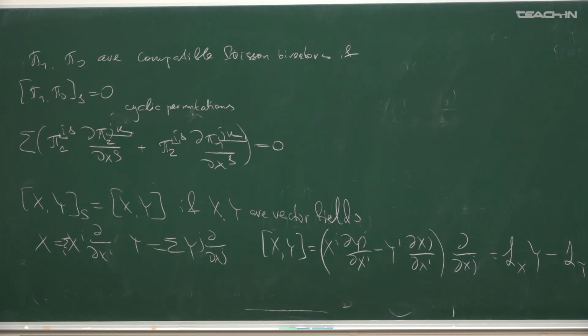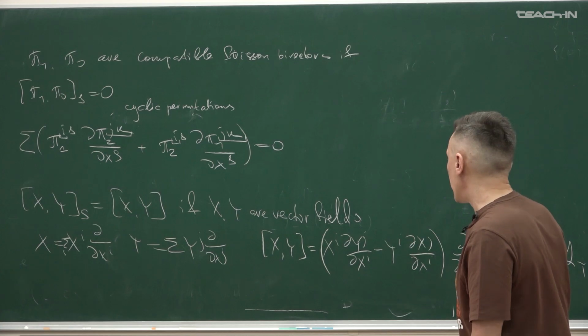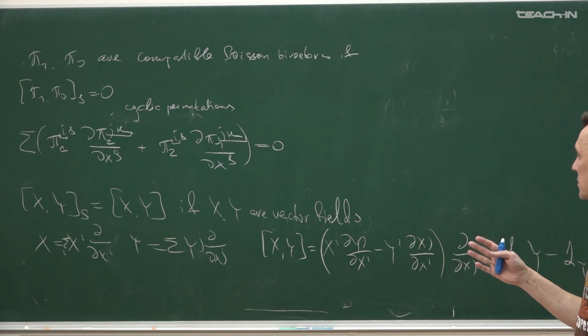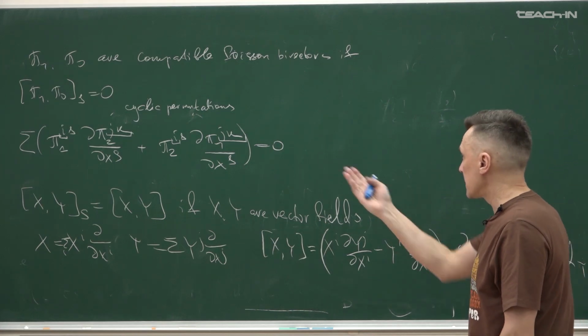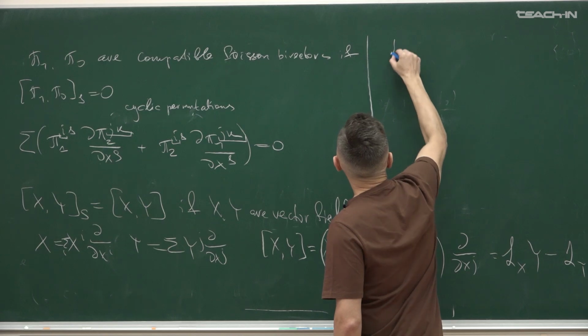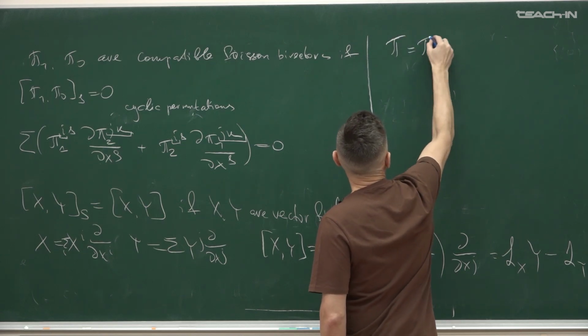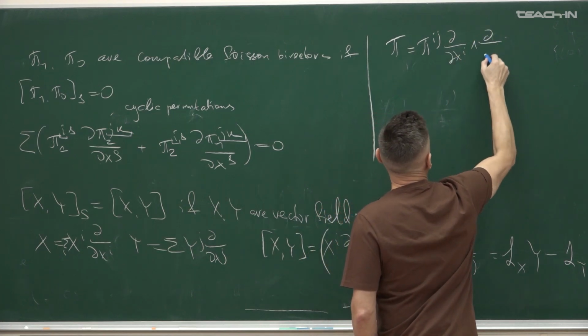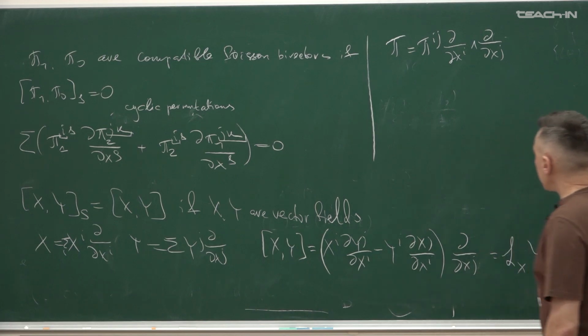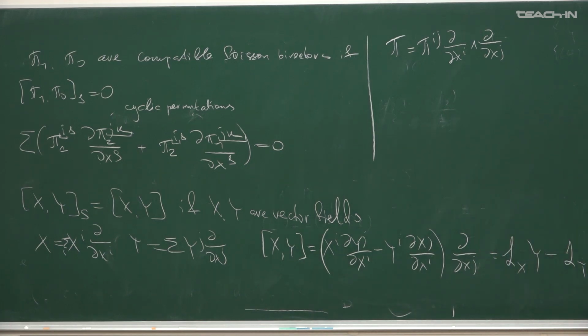But now we are interested in expanding this operation to polyvector fields, in particular to bivector fields, which are our Poisson bivectors. So Pij d over dxi d over dxj. So we will consider this object as the wedge product of two vector fields.